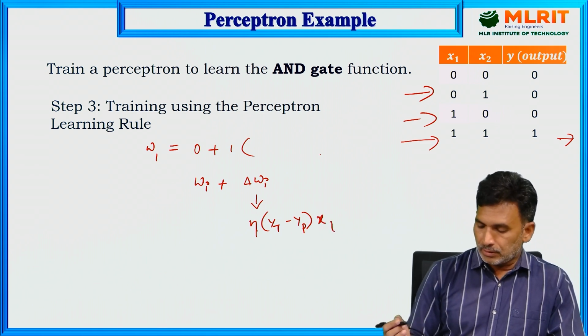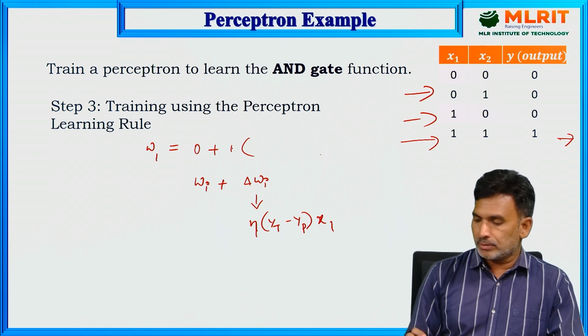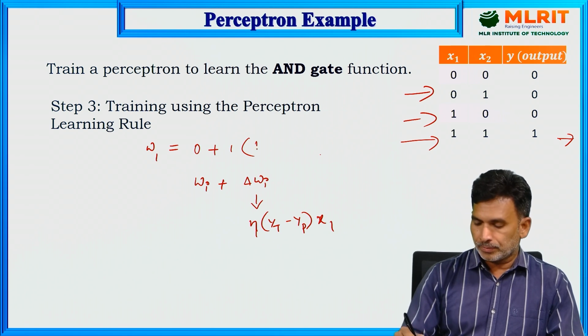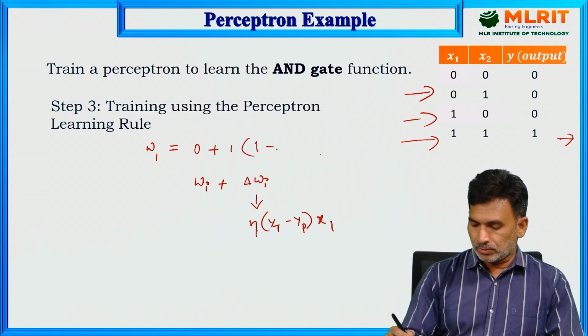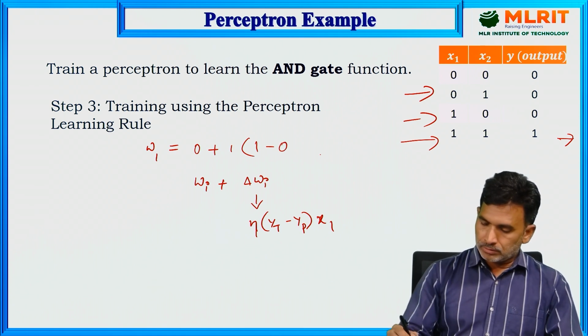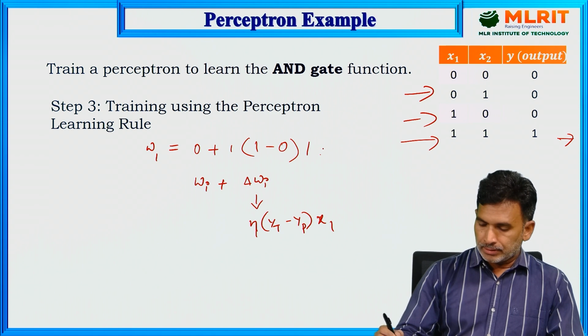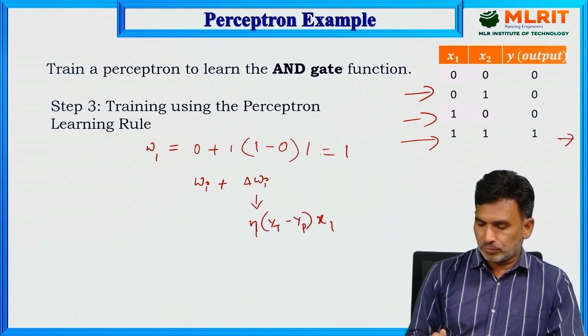Okay, so then we can plug in all the values in this case. The learning rate is 1, y actual is 1, and the predicted value is 0, times x1, which is 1. So this is equal to 0 plus 1 times 1, that is 1.